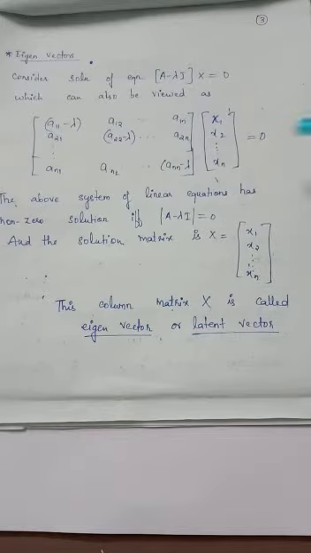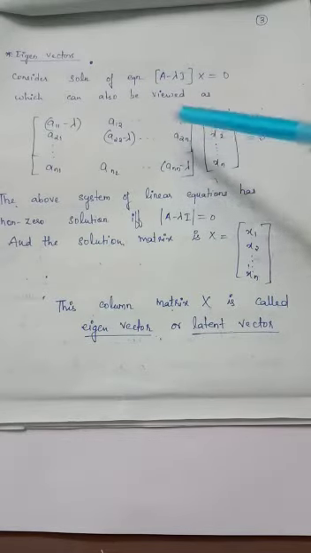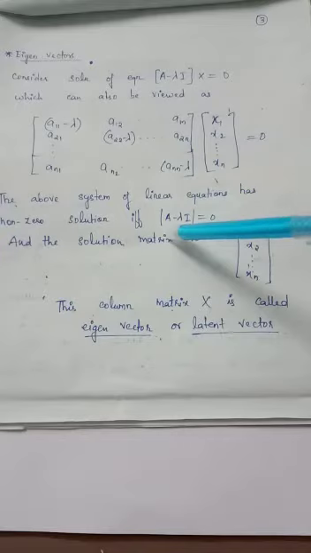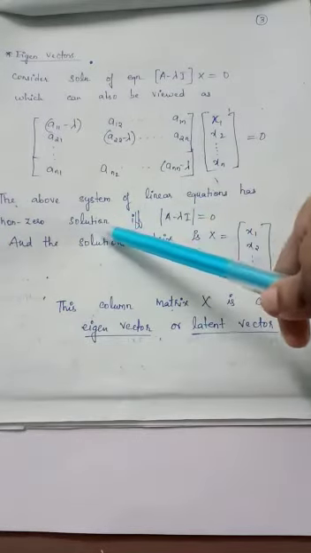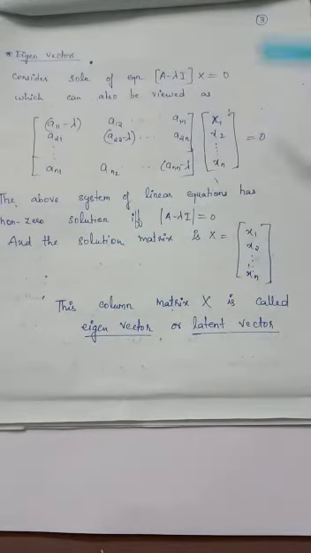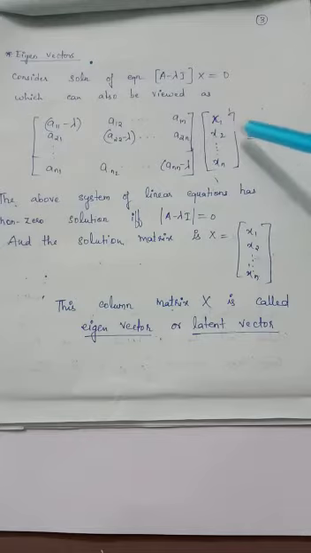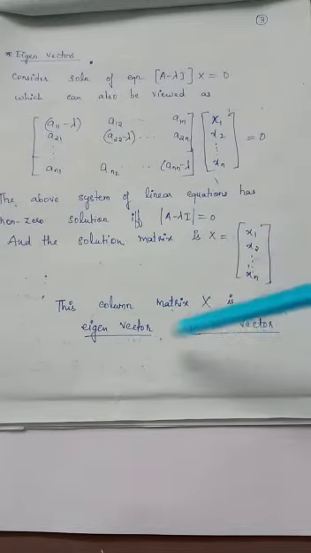So the condition will be that this coefficient matrix will be a singular matrix, or this coefficient matrix will have a determinant which is equal to 0 to provide us the non-zero solution or the non-trivial solution. This multiplication will yield us a system of n linear homogeneous equations, and solution matrix x1, x2, etc., xn is known as the eigenvector.